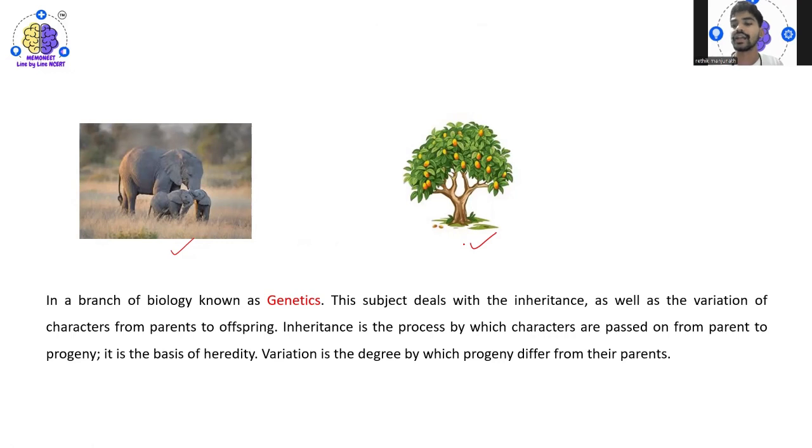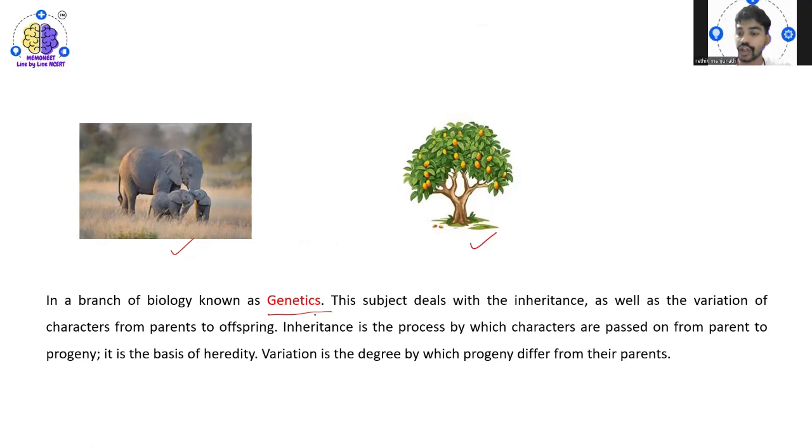There are several such questions that we deal with scientifically in a branch of biology called genetics. This subject deals with the inheritance as well as the variation of characters from parents to offspring.